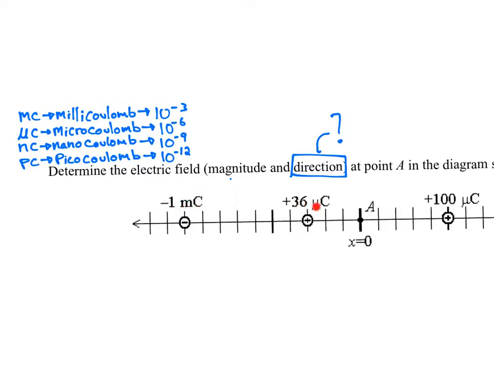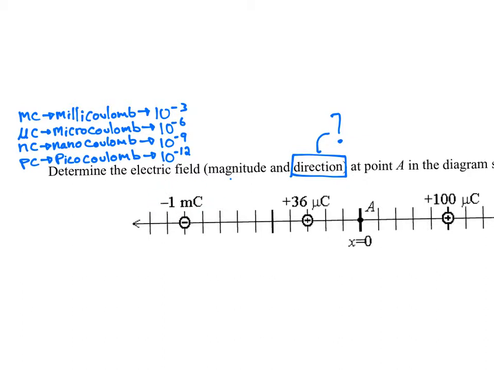This is 36 times 10 to the negative sixth, and 100 times 10 to the negative sixth. 100 times 10 to the negative sixth is 0.1 times 10 to the negative third. So this 100 microcoulombs is 0.1 millicoulombs. There are 1,000 microcoulombs in 1 millicoulomb. So this is 1,000 microcoulombs.